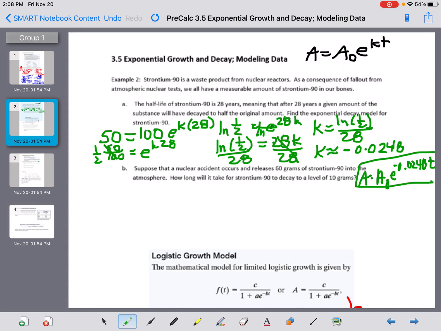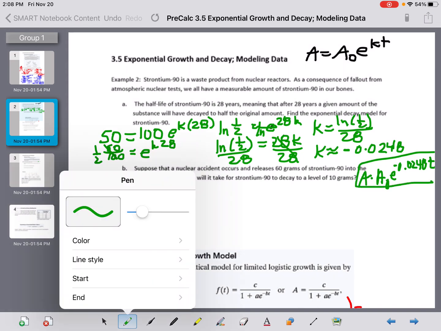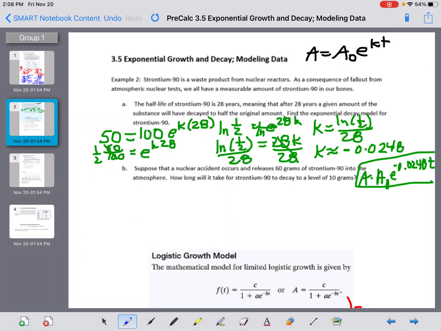Okay, now it says suppose a nuclear accident occurs and releases 60 grams of strontium-90 into the atmosphere. How long will it take for that strontium-90 to decay to a level of 10 grams? Okay, so my initial amount here is 60. I'm decaying to 10 grams. It's e to the negative 0.0248t power.